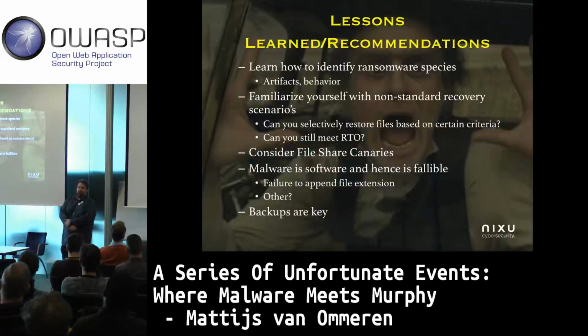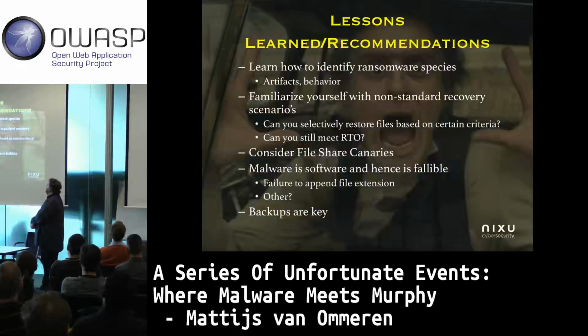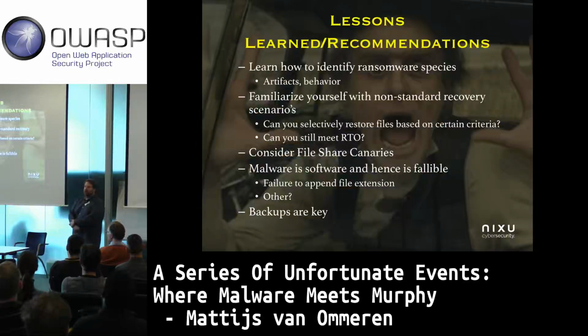For all of you with snapshot solutions, think about it. That can be a challenge as well. Another thing: how can you be notified as soon as a file share is in the process of being encrypted?